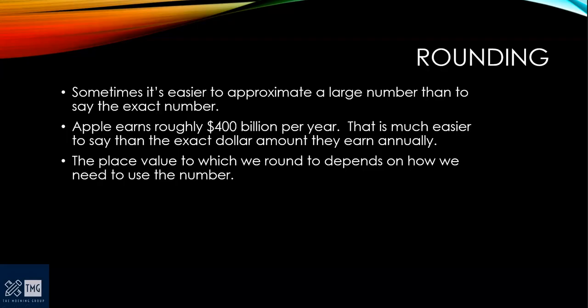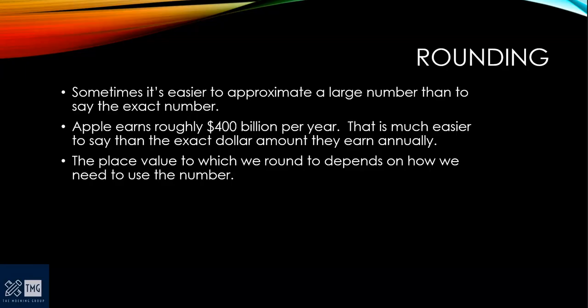Now, the place value to which we want to round really depends, one, on the number, and also, what are you using that number for? Go back to the grocery example. If I'm going to the grocery and buying items, I probably don't want to round to the nearest 10 cents. That doesn't make any sense. I'd round to the nearest dollar. If you're going clothes shopping, maybe you're rounding to the nearest $10.